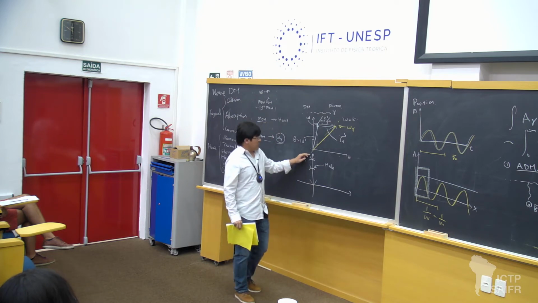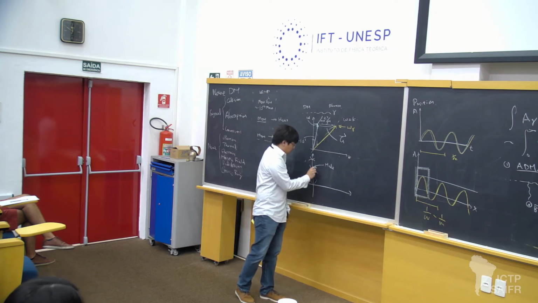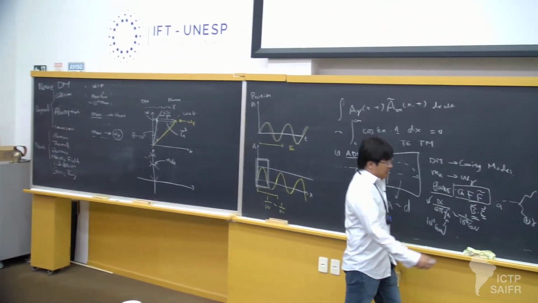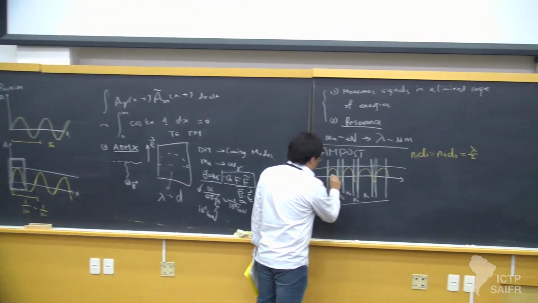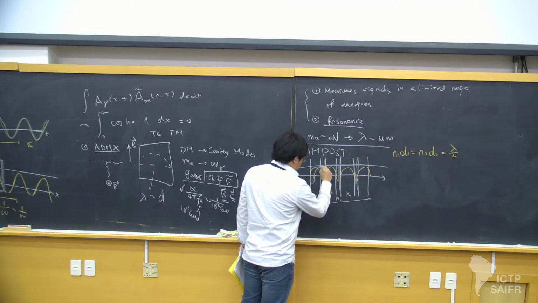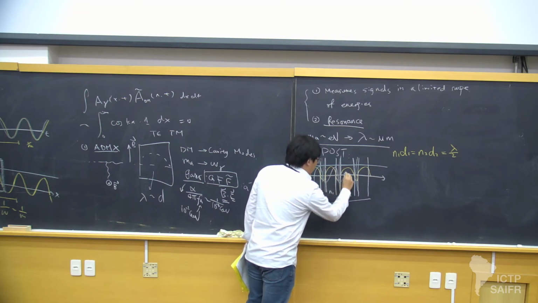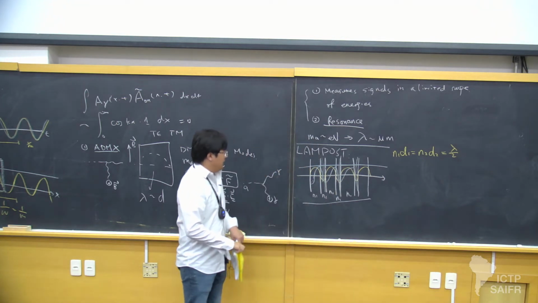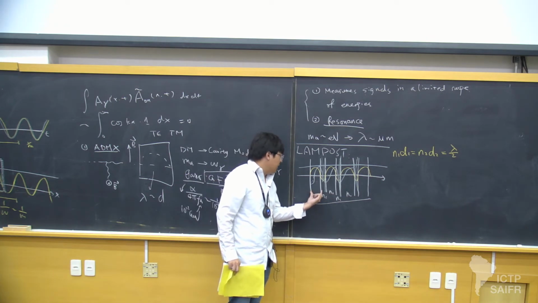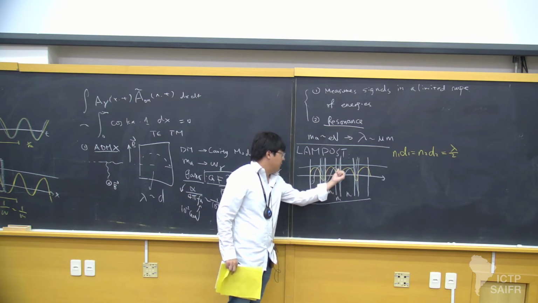There are some other modes that exist in this structure. For example, let's look at this mode. This mode is exactly the opposite, right? So I can have a mode which looks like this blue line, so that in each period, in each of these sections, I have half a wavelength, half a wavelength, half a wavelength.